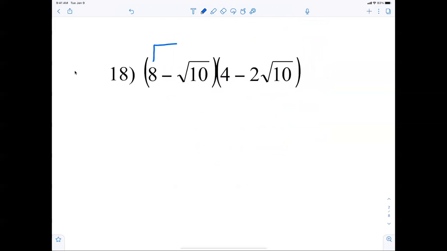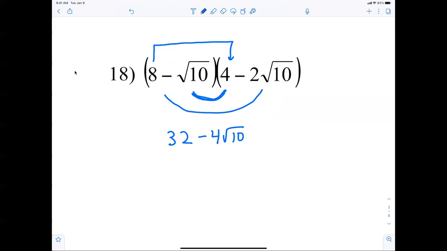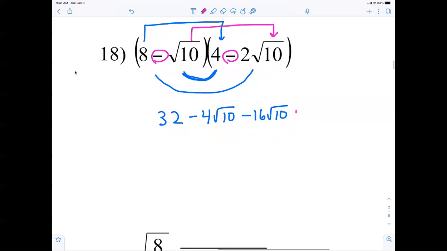Okay. 8 times 4, 32. First smiley face. Second smiley face. And then be careful with this one now. First of all, negative times a negative is just positive.